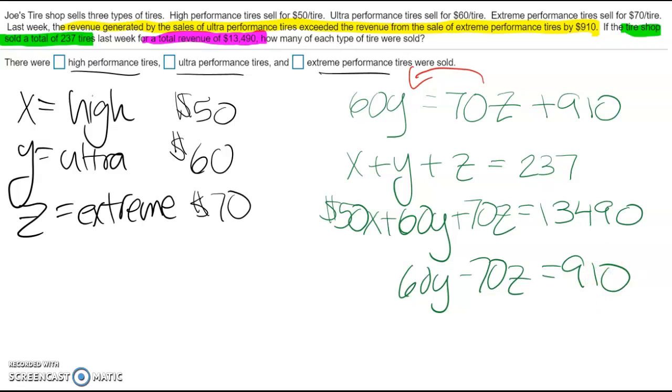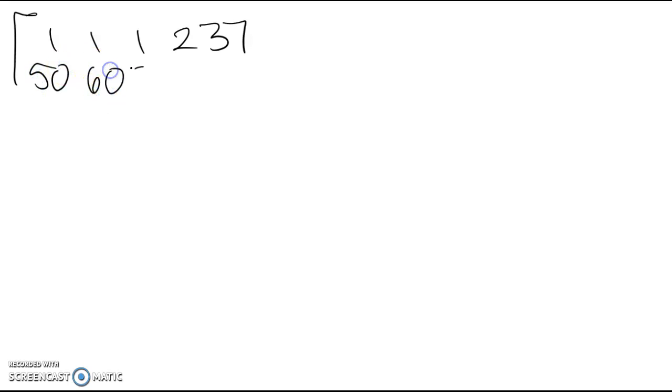In order to solve this system, I'm going to have to use some sort of elimination, substitution, something. For me personally, I prefer a matrix, so I'm going to use a matrix. Okay? So I'm going to make this matrix. So I have 1, 1, 1. X plus Y plus Z is 237. 50X plus 60Y plus 70Z was 13490.